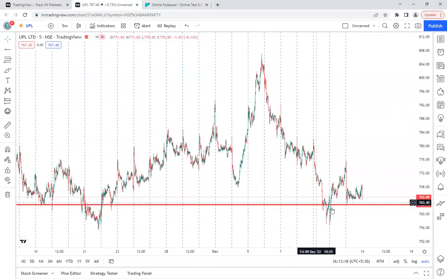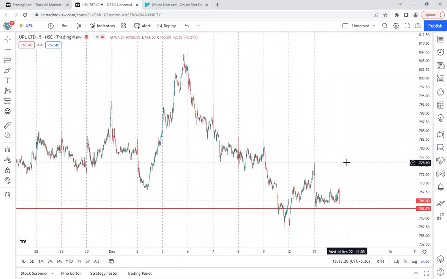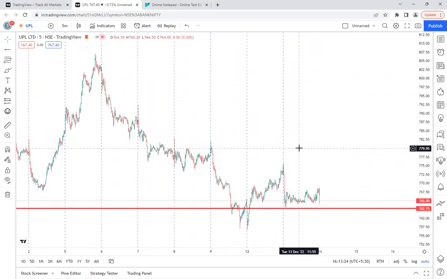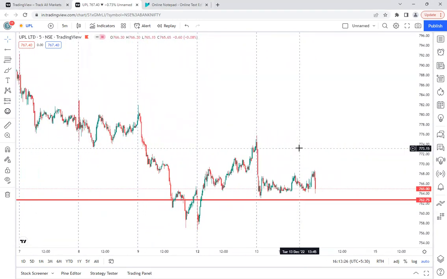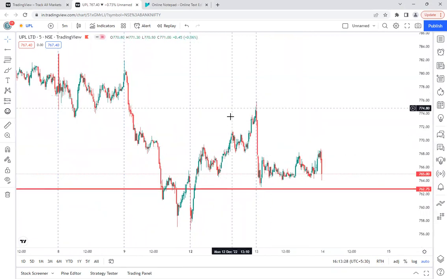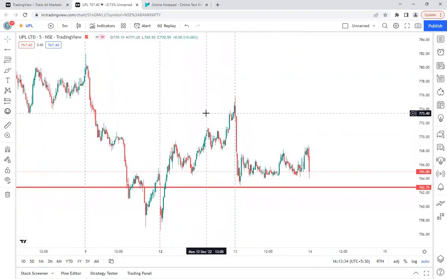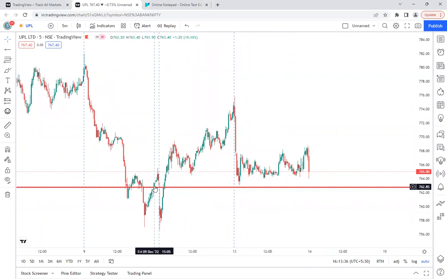And again, in the last session, they fell down to the same level. If you see these last 2 trading sessions, mainly yesterday, the 12th December price action, it opened somewhere below that key level.